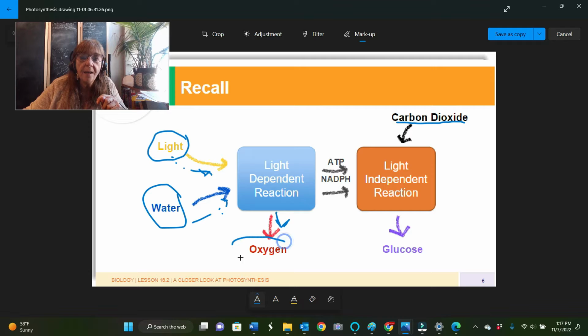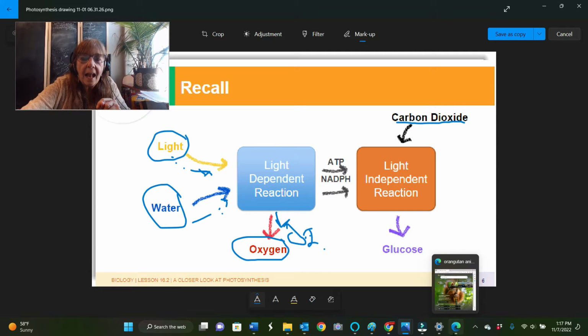Here is a product, O2, and here is a reactant, which is C6H12O6, glucose.